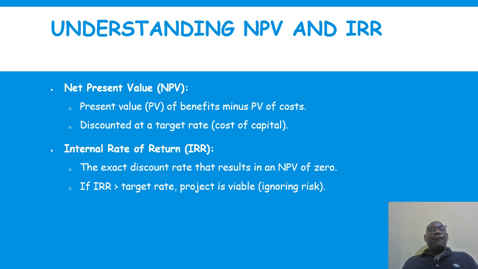If the internal rate of return is greater than the target rate, the project is said to be viable and it can be undertaken. It is worth taking note that risk in this circumstance can be ignored.